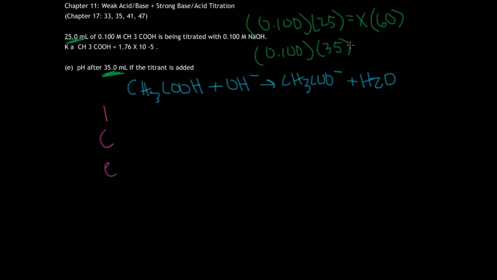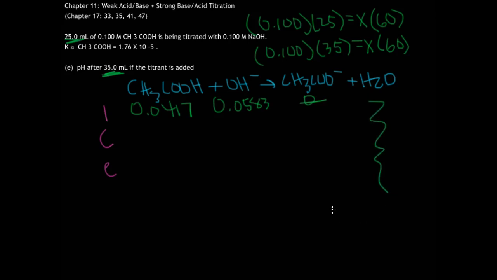We're using 35 milliliters of it, and the new volume is 60. So the acetic acid comes out to be 0.0417, and the base comes out to be 0.0583, and nothing here, and water's a liquid.